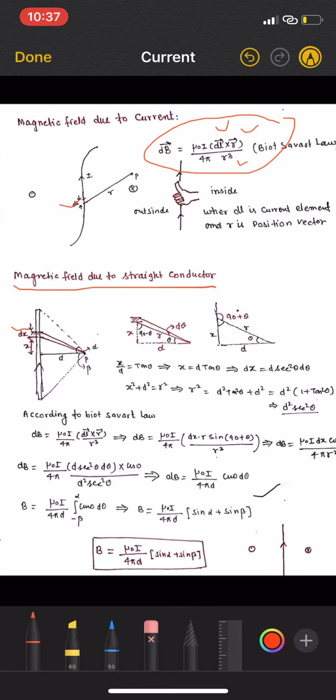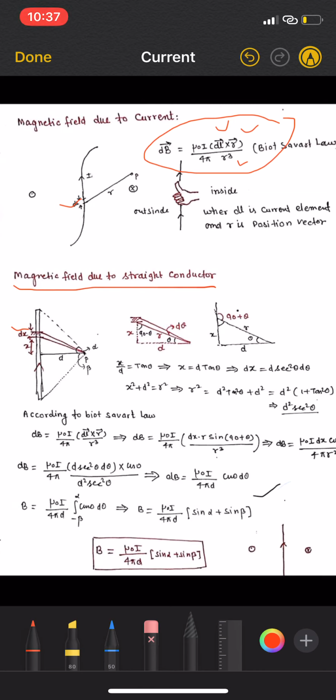This distance is r, this distance is x, and this one is d. What I have to find: because of this complete wire, which carries current I, at distance d at point P, I need to find the magnitude as well as direction of the magnetic field using the Biot-Savart law.